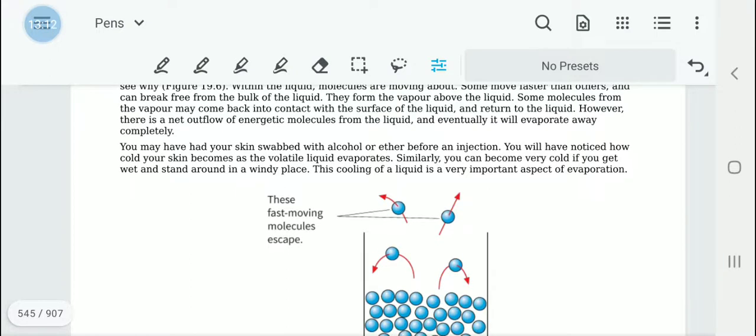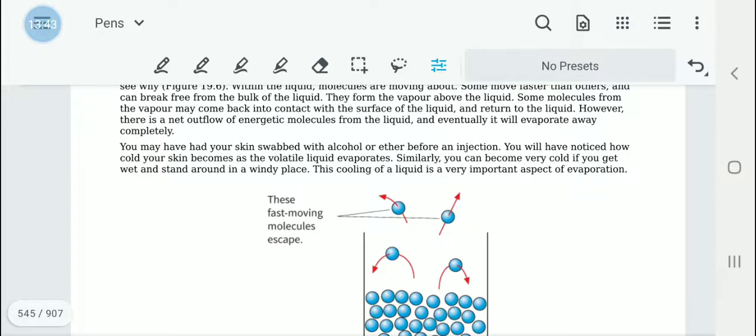There are external factors that affect the rate of evaporation. For example, if you rub some alcohol onto your hand and blow at it, you will feel very cold, because that highly volatile liquid evaporates.